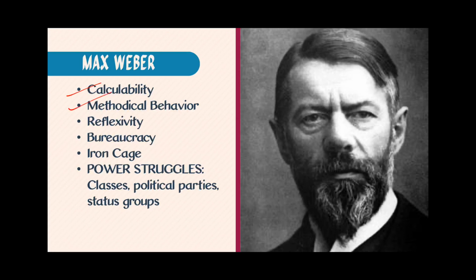And there's methodical behavior, meaning we follow sets of rules and guidelines in our everyday living. We are governed by formal laws, by policies, etc. And then reflexivity, meaning we can judge the way we do things, and we try to rationalize the way we do things. So that is basically what modern society is.